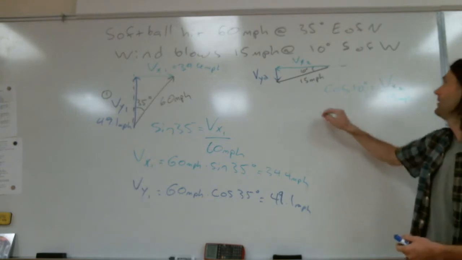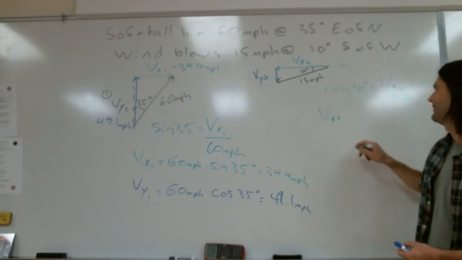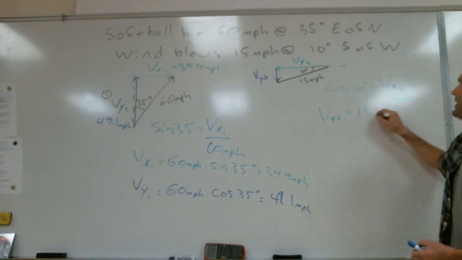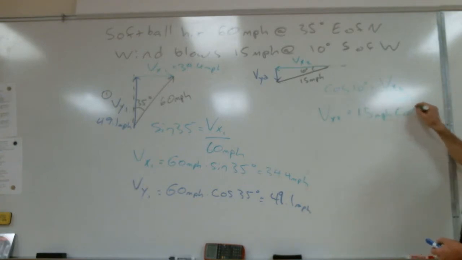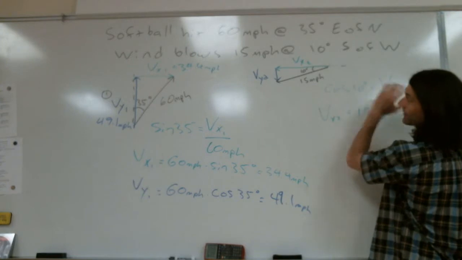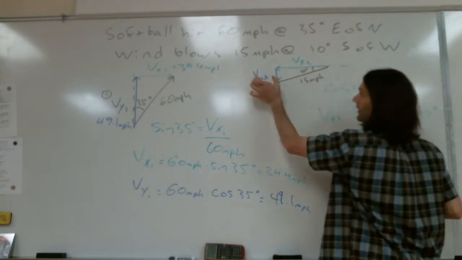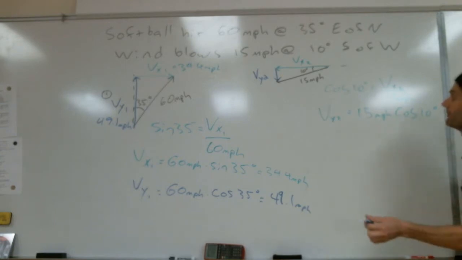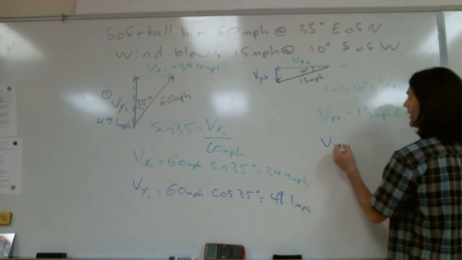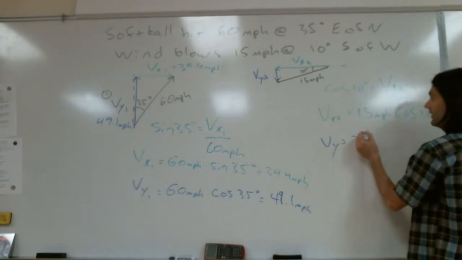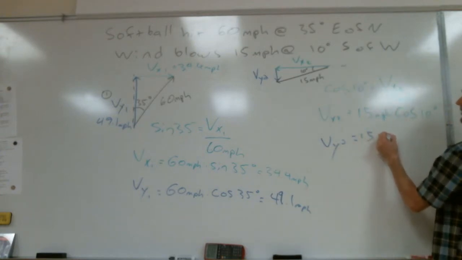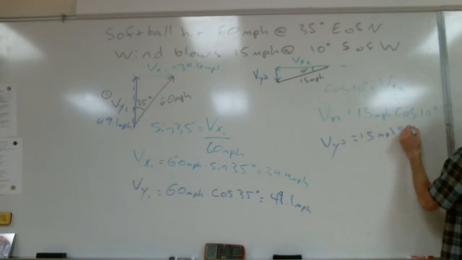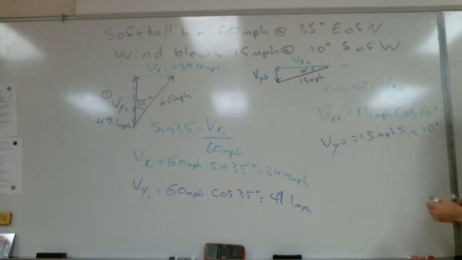So our velocity in the x of the second vector is 15 miles per hour times the cos of 10 degrees. And again, we can do the same relationship. Since the x is adjacent, then the y is opposite. So if the x was a cosine, the y is going to be a sine. So the Vy of the second vector is 15 miles per hour times the sine of 10 degrees.